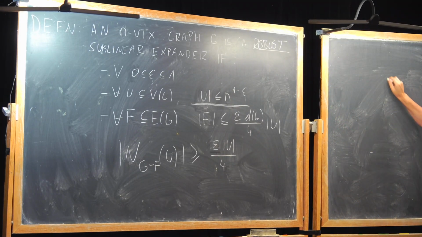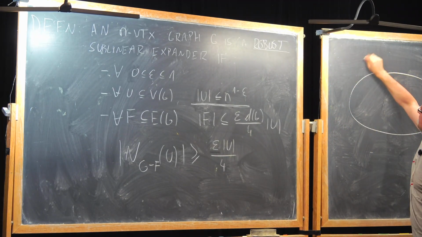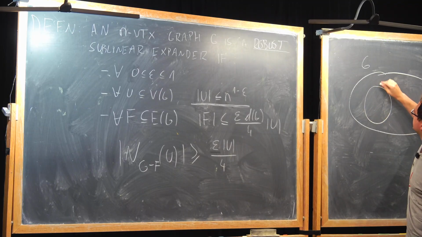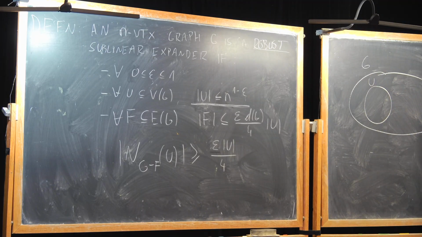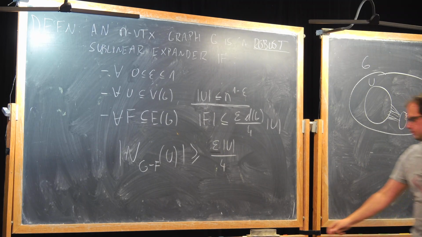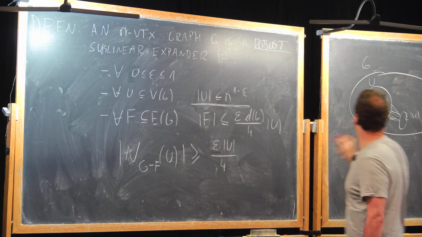Let me draw a picture. Previously we had our G. It had this scale of different scales of expansion depending on how big it is. You got some number of vertices, so it was epsilon times the size of U that you could reach. What I'm saying now is that I want to be able to forbid a bunch of edges.